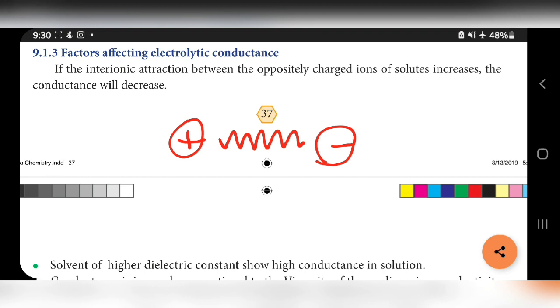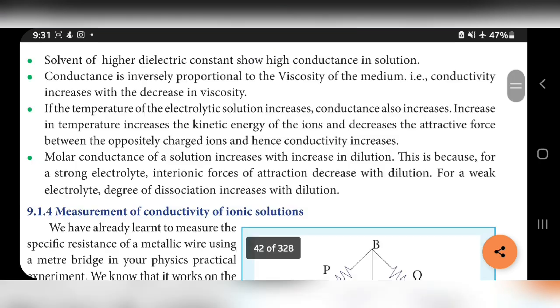As the interaction between the oppositely charged ions of the solute increases, conductance will decrease, because conductance means the free movement of ions. If attraction is more, ions cannot move freely, so conductance will decrease. This is the first point.